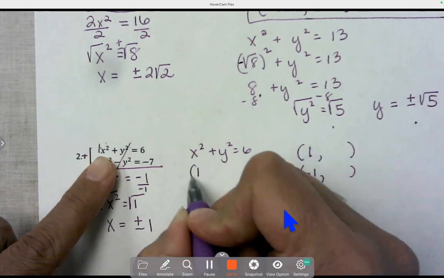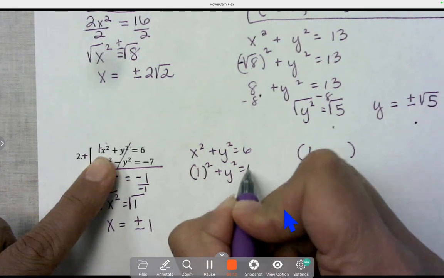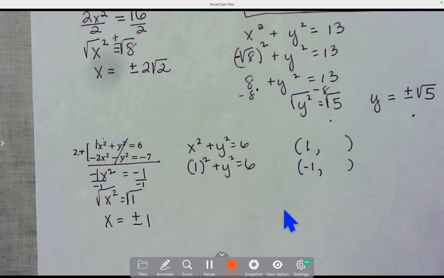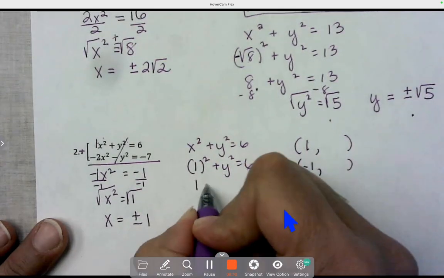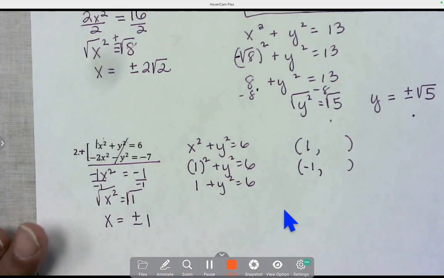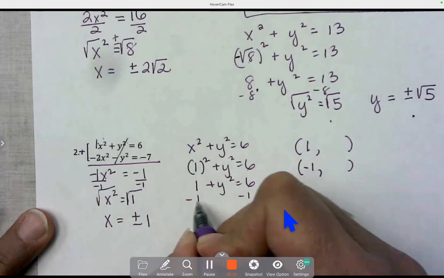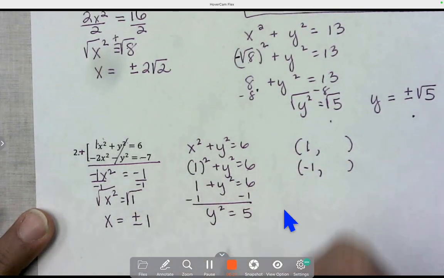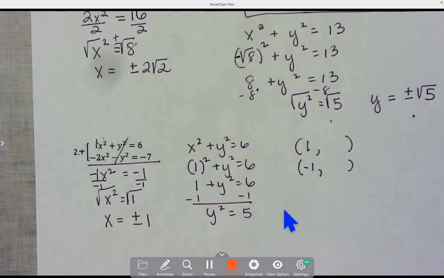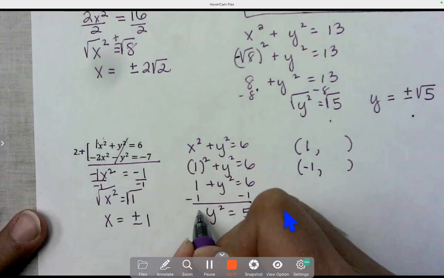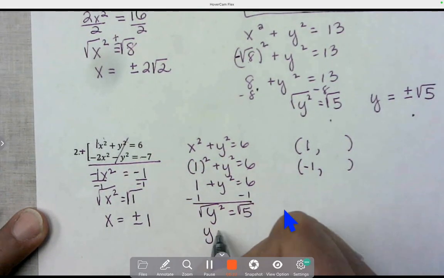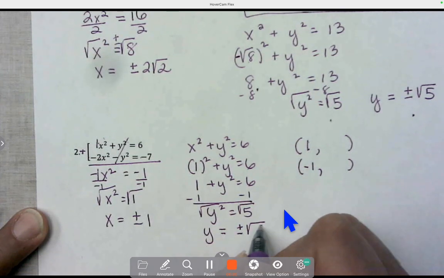If I plug in a 1, 1 squared is 1 plus y squared is 6. We'll go ahead and subtract 1, and y squared equals 5. We'll square root both sides. Y equals plus or minus square root of 5.